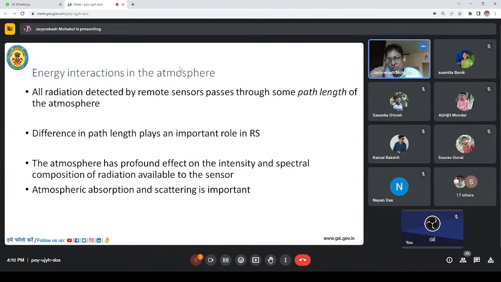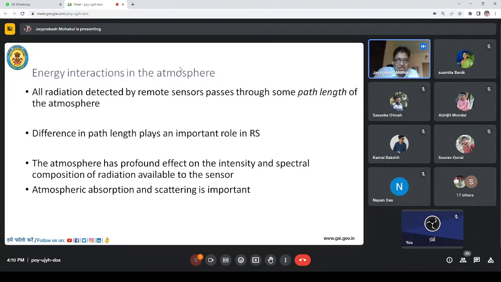It has gone from the atmosphere directly to the sensor, right? And some energy has gone directly from the surface of the earth in the form of emission, right? So you have different path lengths traveled by the energy eventually reaching the sensor.